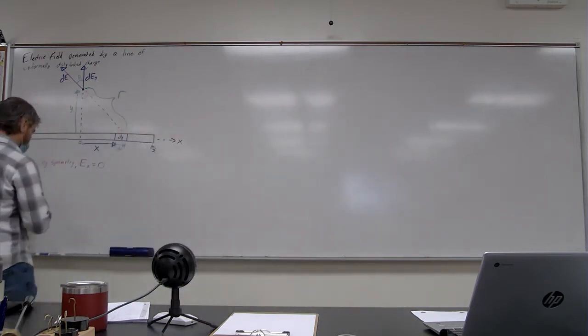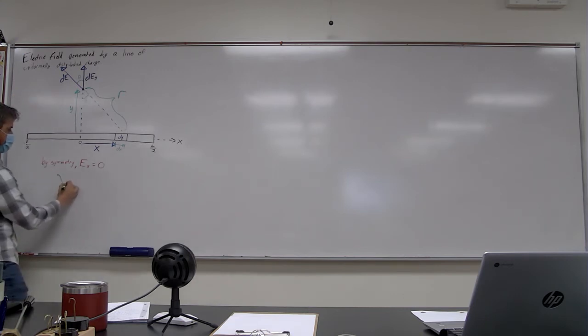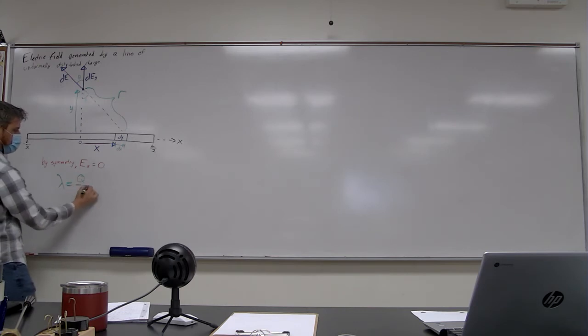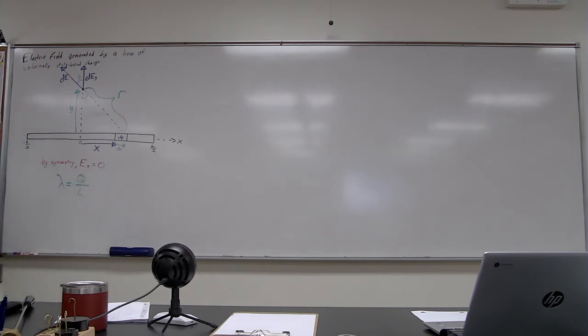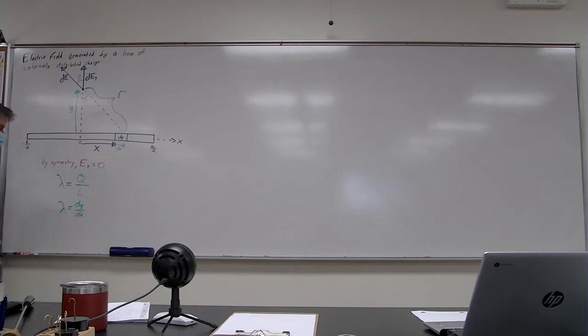Before I go on, are we dealing with linear, volumetric, or area charge density? Linear charge density. Technically it is a volume, but we just consider it to be a very thin rod of charge. So on the macro scale, it's just total charge Q divided by total length L. On the micro scale, we have tiny charge dq divided by the tiny length dx.